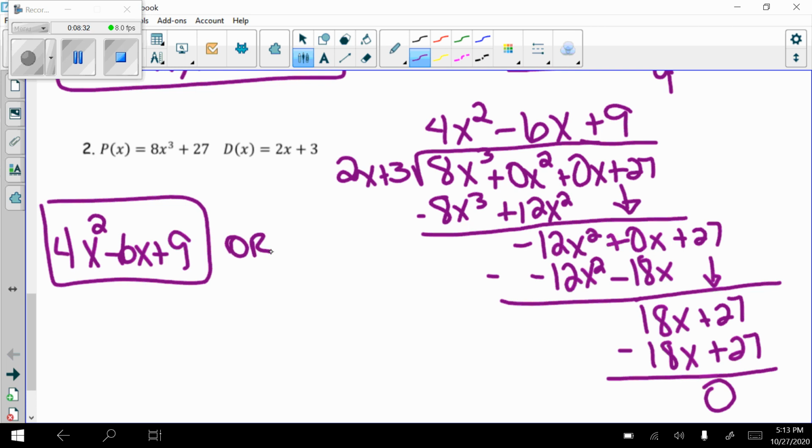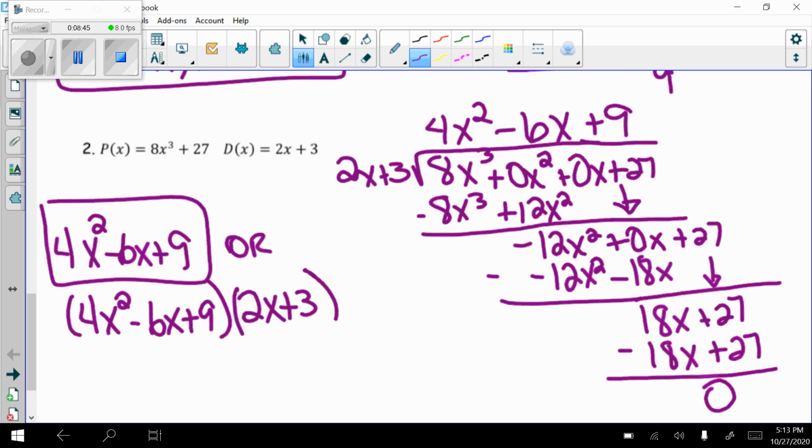Or the other way, take your quotient, 4x squared minus 6x plus 9 times the divisor, which is what we divided by, 2x plus 3, plus the remainder. Again, my remainder is 0, so I don't have to write plus 0. So those are the two separate ways that we could write that answer.